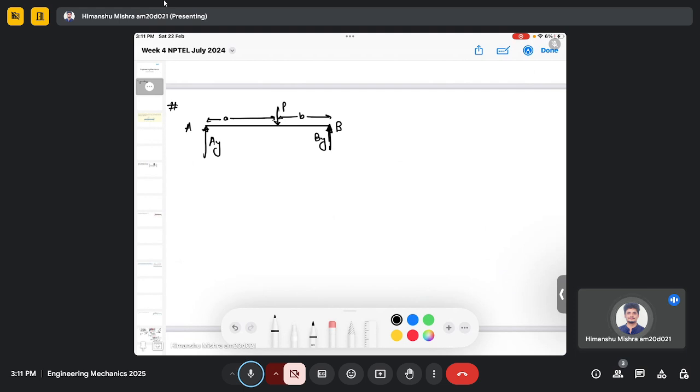So if I take a moment about B, such that clockwise is positive and anti-clockwise moment is negative, I will have AY, and let's say the total length is L.